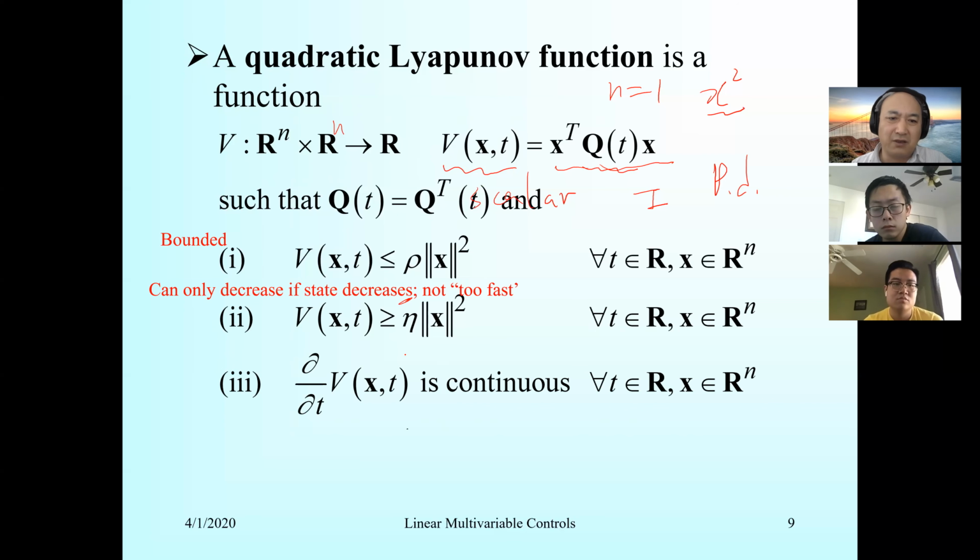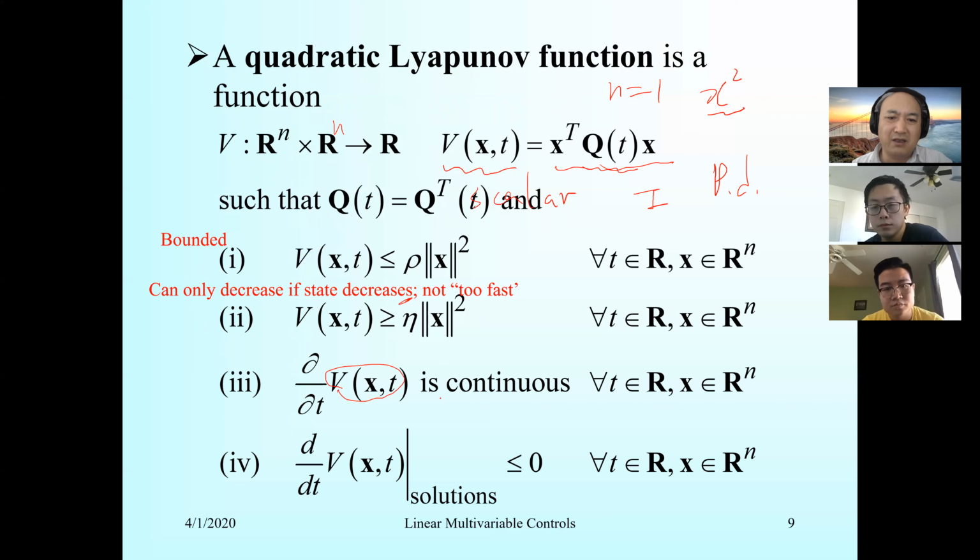Along this, remember, this is a scalar, and the change over time is continuous. And this change along all the x trajectories is less than 0. So this quadratic Lyapunov function is a generalization of the abstract energy concept, okay? So this energy, by these assumptions, will be decreasing.